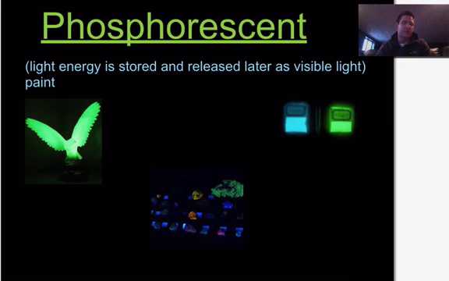So your glow-in-the-dark stars, things like that. If I set it out during the day in the light, it's going to absorb it and it's not going to glow. But when the lights are off, then it's going to emit that light as a form of energy. So that's phosphorescent light sources.